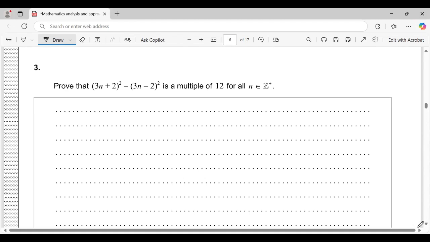Prove that (3n plus 2) squared minus (3n minus 2) squared is a multiple of 12.